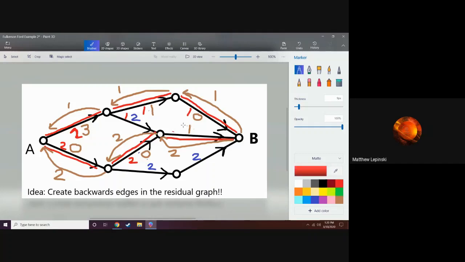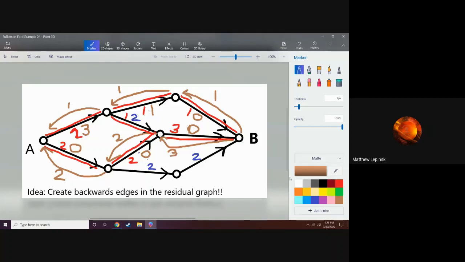So I turn this 2 into a 3. And then that's, boom, I've just gotten some redness here. And then I now update my residual capacity. This is a 0. This is a 3.